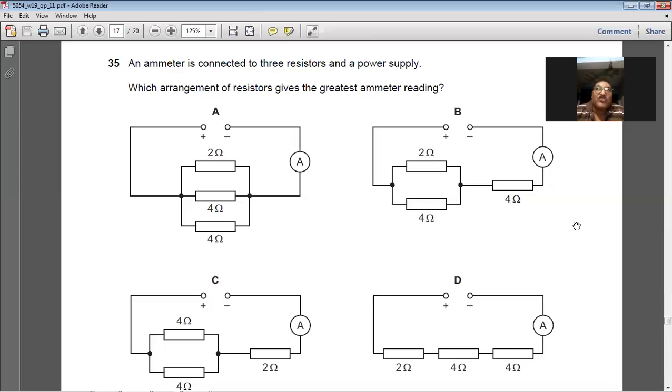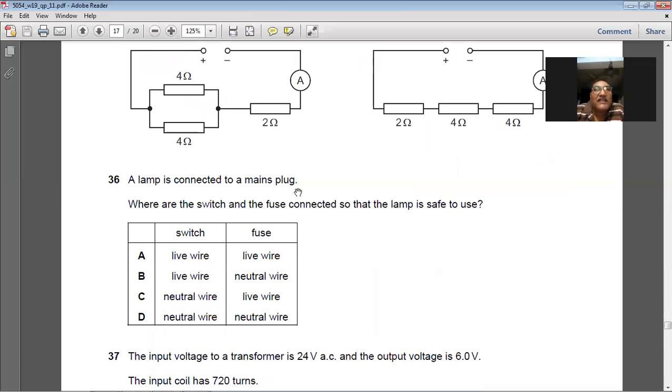It's an easy question. So where are all the resistors connected in parallel to each other? Diagram A. So A is the answer, sir. Question number 35. A is the right option. You don't have to calculate anything here.